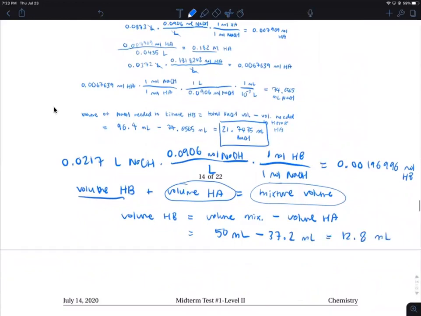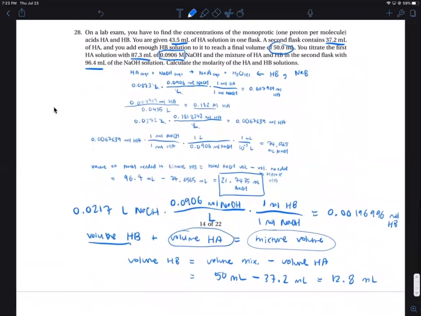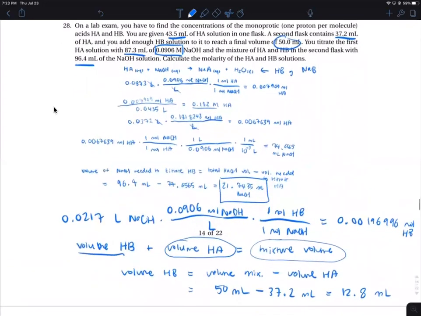And then finally from here we can find the molarity of the HB solution as well. Okay, so I forgot to bold this. So this was the molarity of the HA mixture.